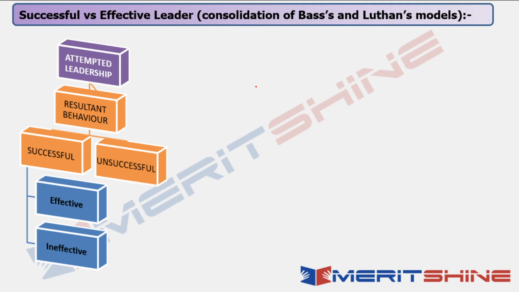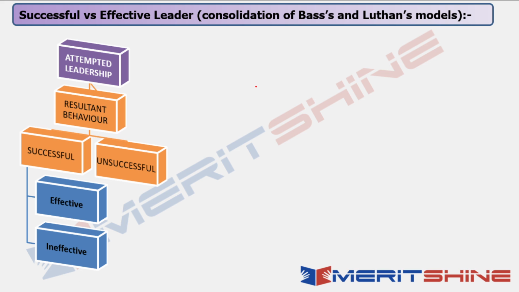This whole concept was consolidated by Luthans on the basis of Bass's transformational leadership model. Bass in 1985 or 86 gave the transformational leadership concept, and in 91 or 92 Fred Luthans, on the basis of what Bass said, put up a research. I'll talk about the research in a moment.